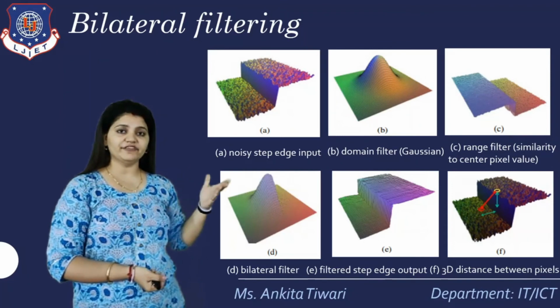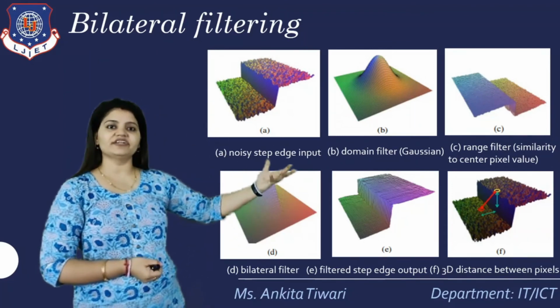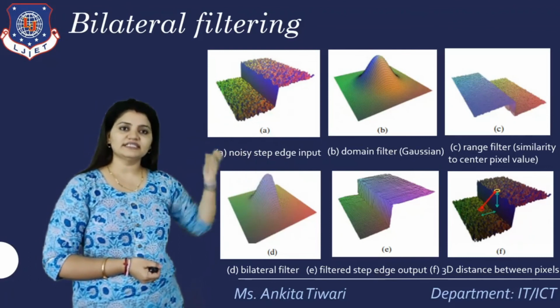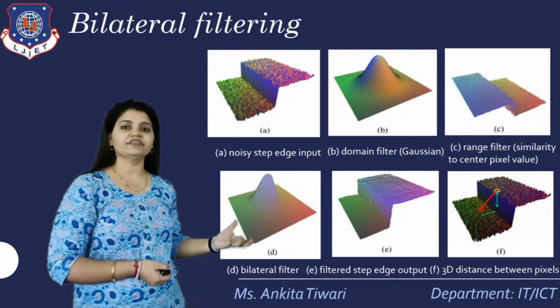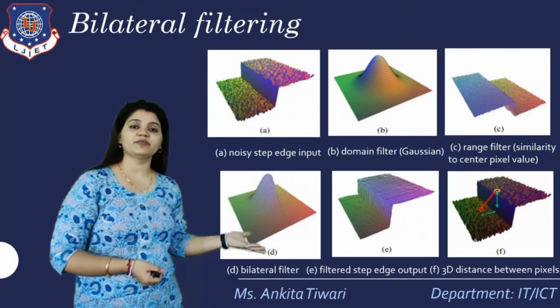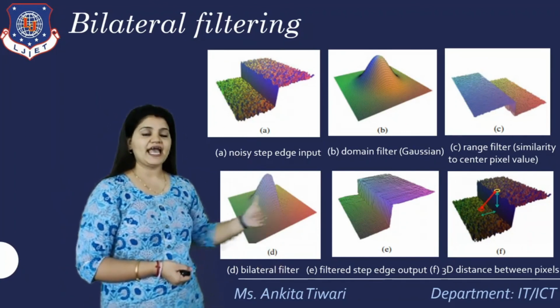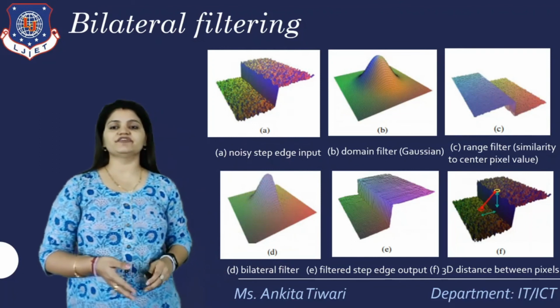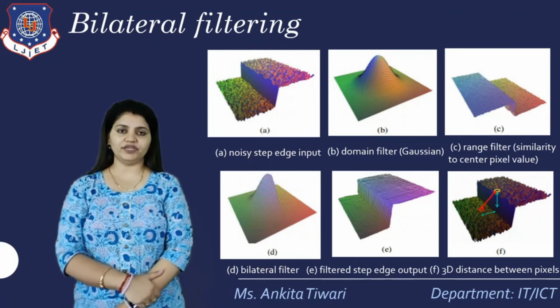So bilateral filtering is defined with the domain filter, that is Gaussian, and the range filter, which is the similarity to the center pixel value. The bilateral filter combines the domain and the range filter, and with that the filtering process at the step edge output is done with respect to the color combination, and the 3D distance between the pixels is also counted, as you can see in the last part of the diagram.